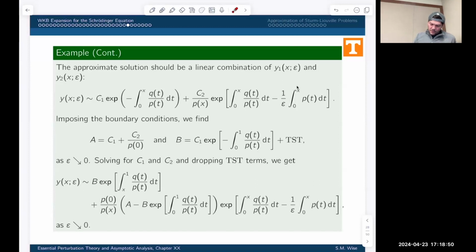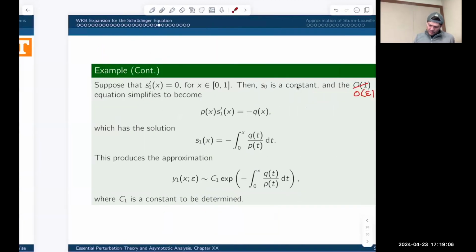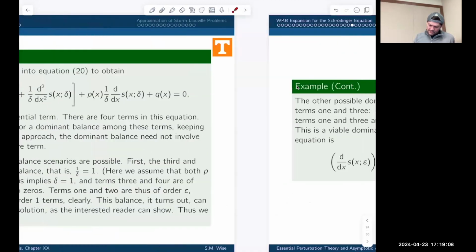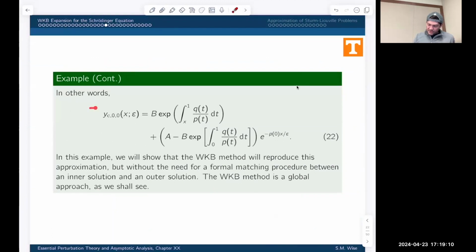All right, so this one is the outer solution term. If it's correct, it has to be at least asymptotic to the inner solution, or rather not the matching term. So the target that we're shooting for is that the solution should come out to be like this.